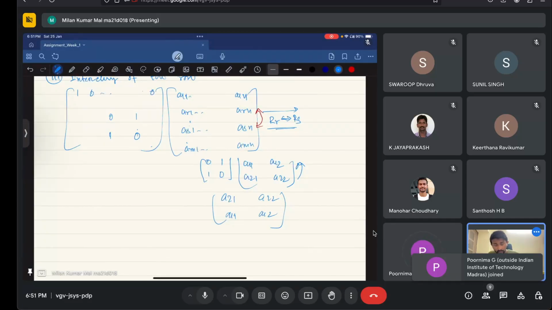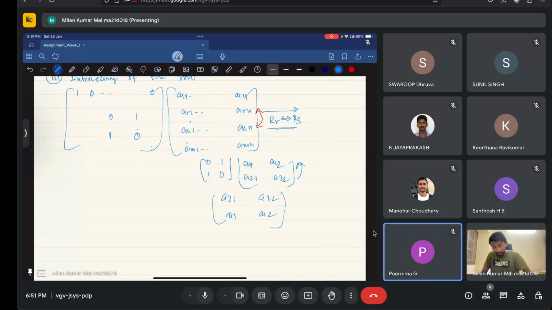And suppose this row will be the rth row, this will be the sth row, and 0 1 0 0 it will go. After that it will go 0, and after that also 0, and 0 0 0 0. At the end it will be 1.